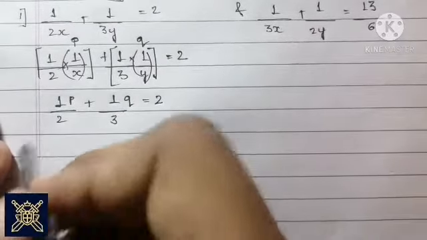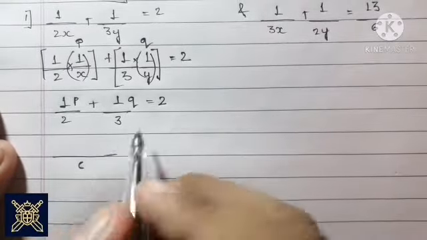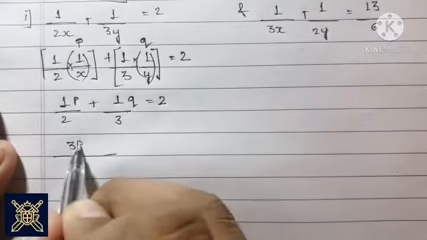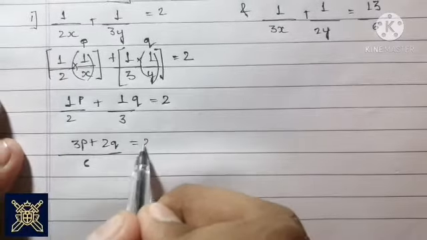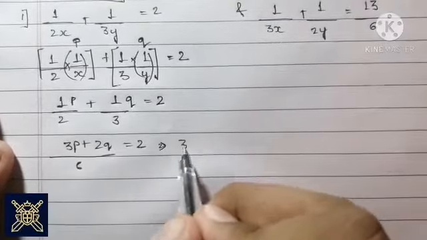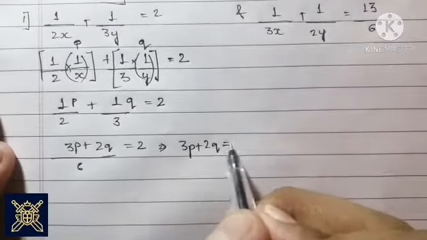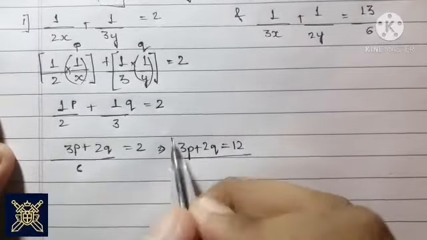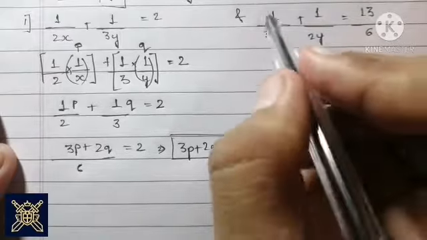Now what you have is the LCM 6, and above you have 3p plus 2q is equal to 2. This can be written as 3p plus 2q is equal to 6 2s are 12. First equation.